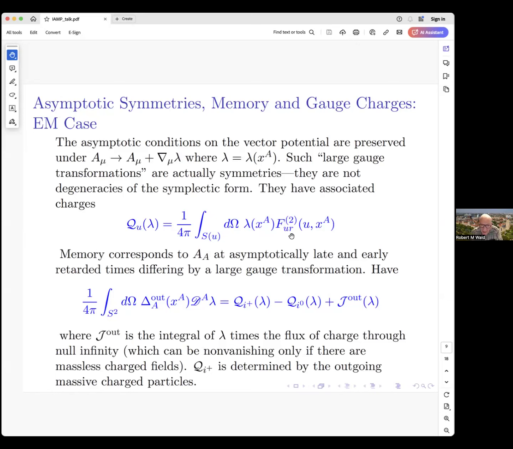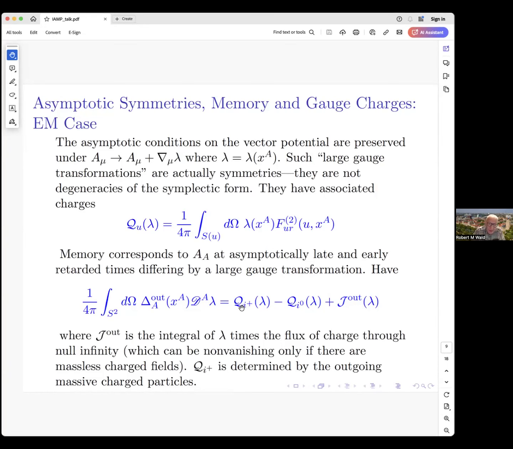That's more specifically, the 2 is denoting the 1 over r squared part, and the ur are the coordinate components that I'm using, but this is basically the radial component of the electric field. So if lambda were 1, this would be the ordinary charge, but if lambda is some function of angle, this gives the notion of these large gauge charges.